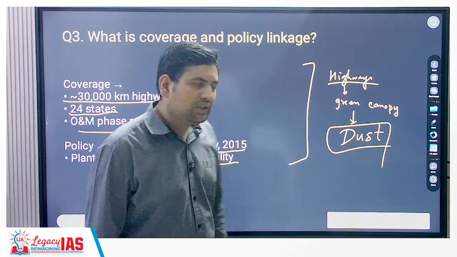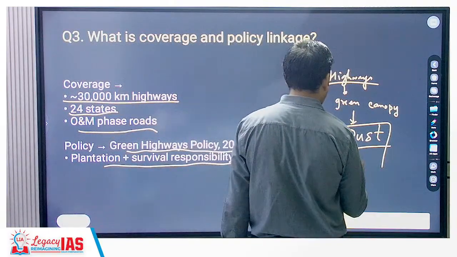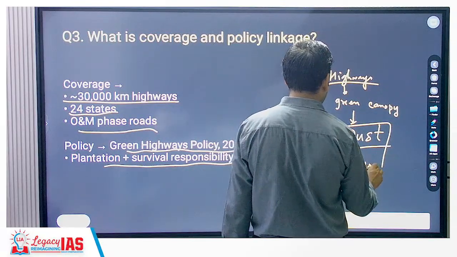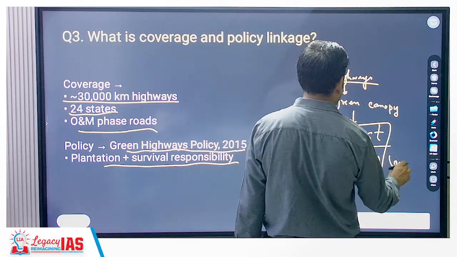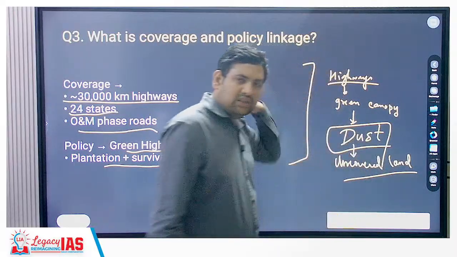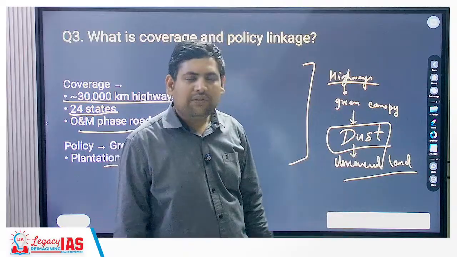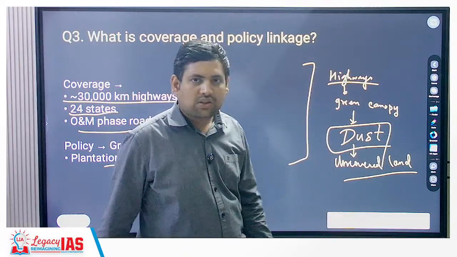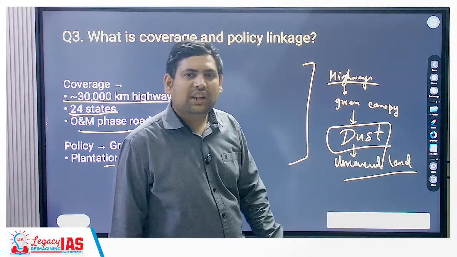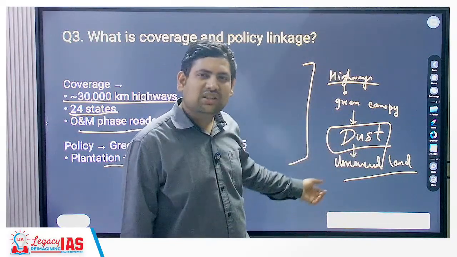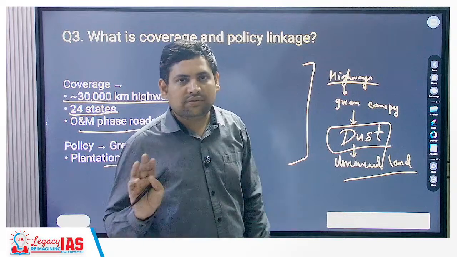Because we have a lot of patches of uncovered land. It is not just because of construction, because we have a lot of patches of uncovered land. Now, if land is uncovered, whatever soil is there, once it gets dry, it will start flying, and that is why you feel dusty in almost all cities of India.